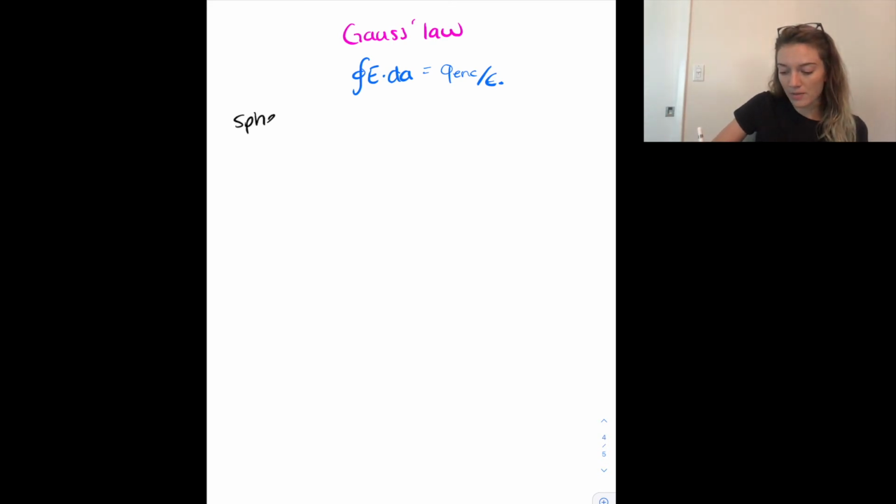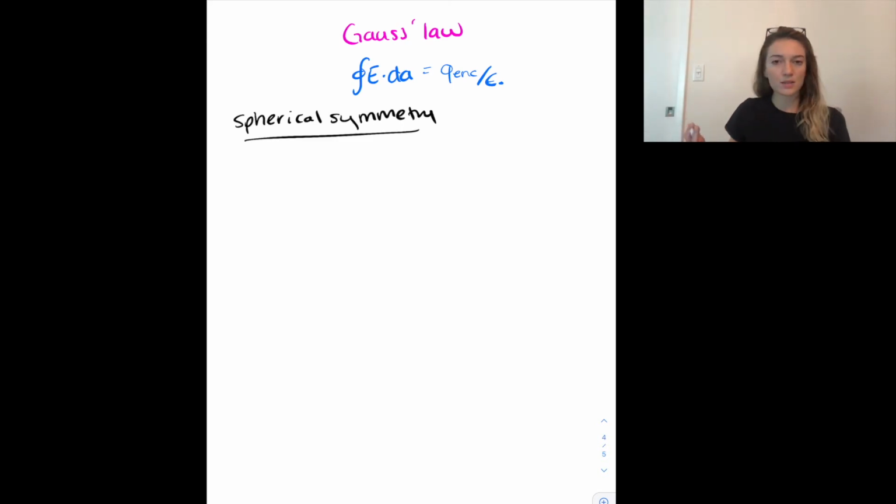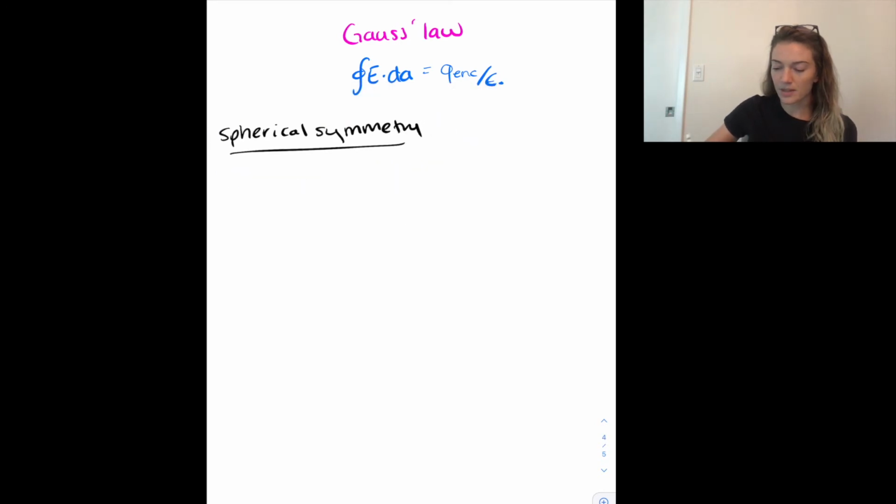And that's when you have spherical symmetry. In cases where you have spherical symmetry, that's like if you have concentric shells, or you have an insulating sphere with a uniform charge distribution, anything that's spherical in nature, a point charge, anything. So in this case, you'll have E dot dA is Q enclosed over epsilon naught.